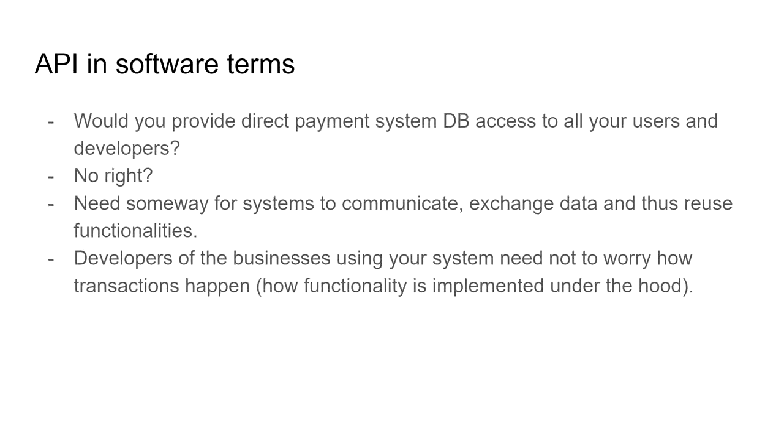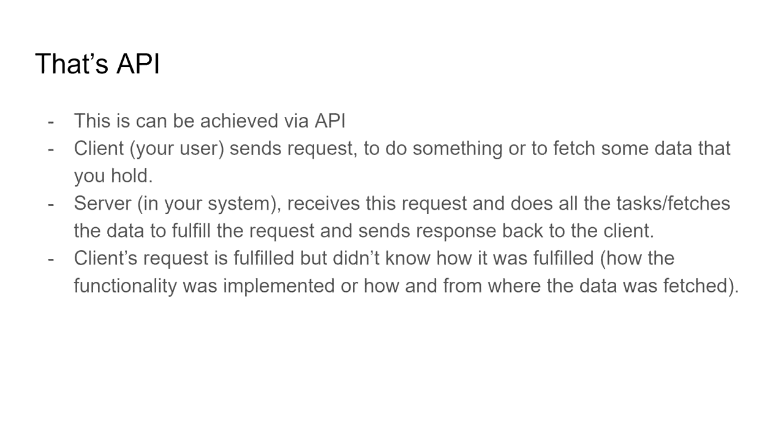IRCTC wouldn't be giving access to their code and their database systems directly to those third parties. It would be risky to do so, right? Anybody could manipulate any data in the system. So how to do it in an ideal way is using an API.